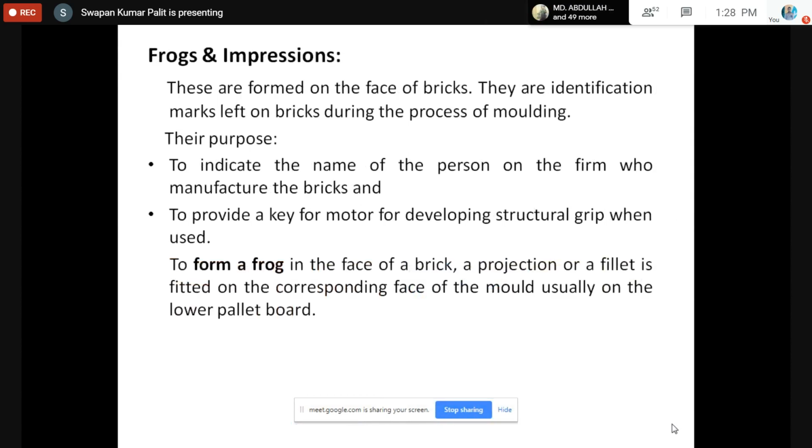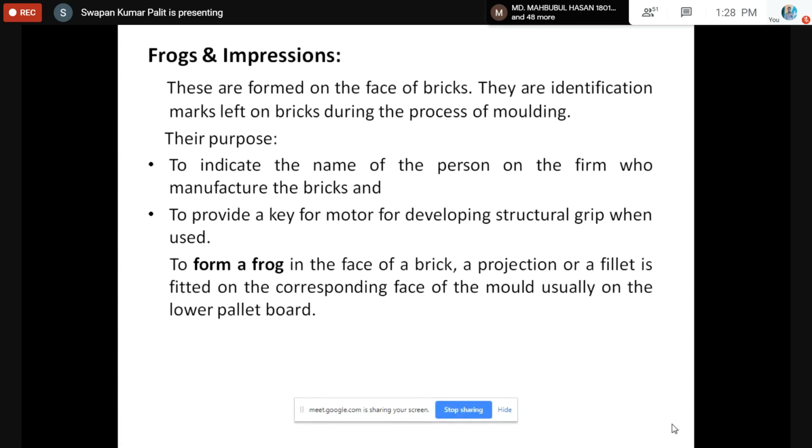Then another point is frog and impression. In the mold, there is a frog and impression. You can observe on a brick there are some names, A, B, C, D, something like that. So why these A, B, C, D?